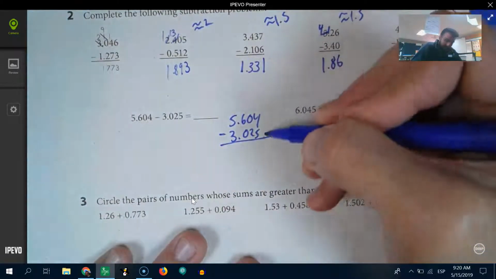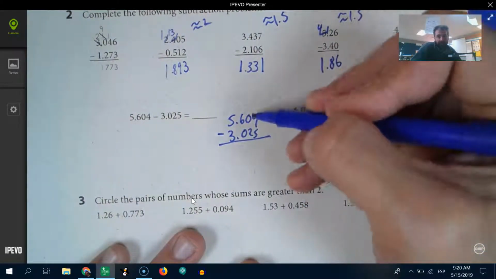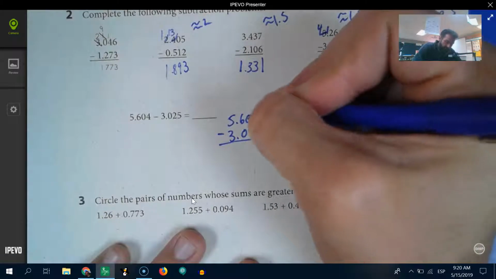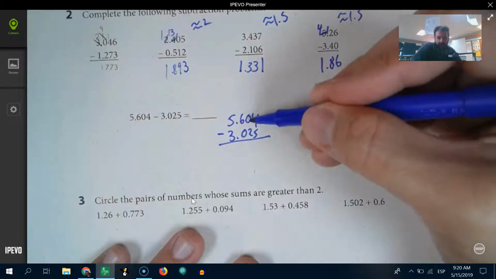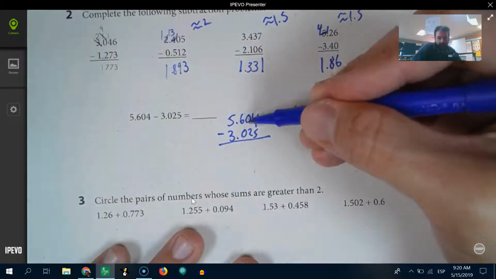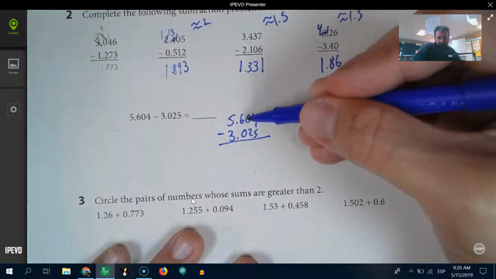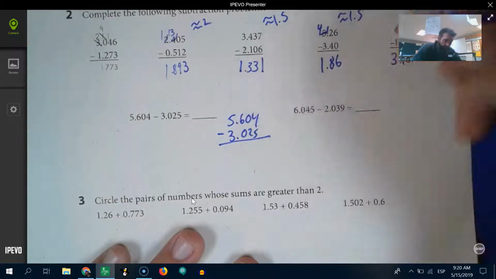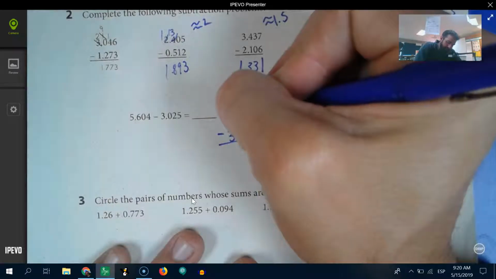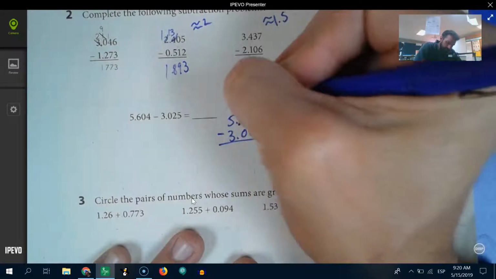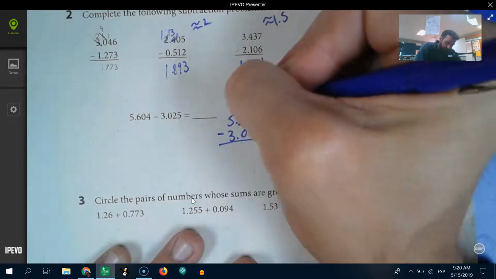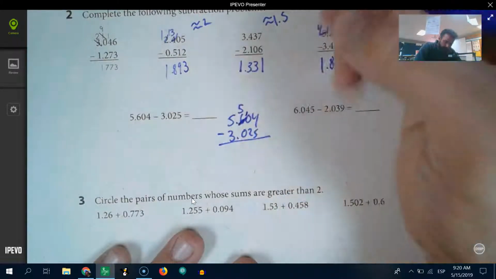Okay, so 4 minus 5, we need to make this 14, but right here there's 0 in the place value, so we can't borrow a 10 here because we have a 0 there. So we need to borrow from our 6, who's in the hundredths. So that changes to 5. So this changes to 10.